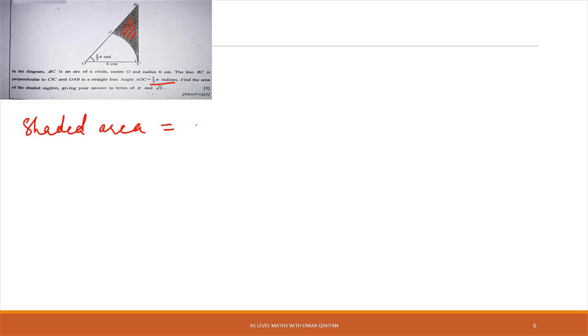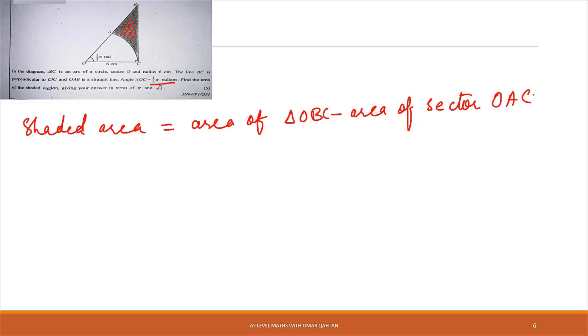If you have to find the shaded area, it should be area of triangle OBC minus area of sector OAC. So let's find out area of triangle OBC first.